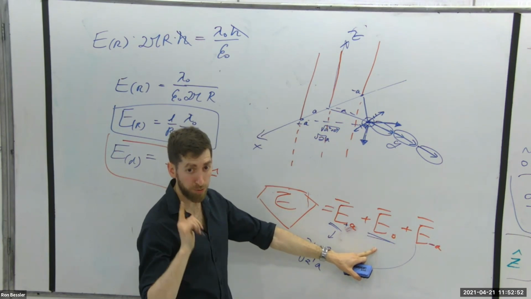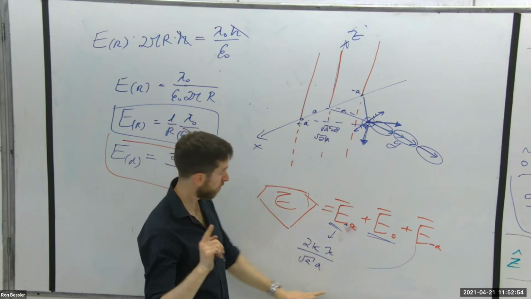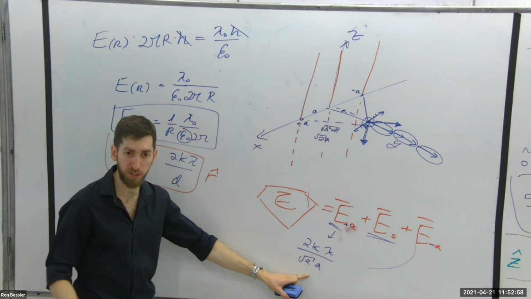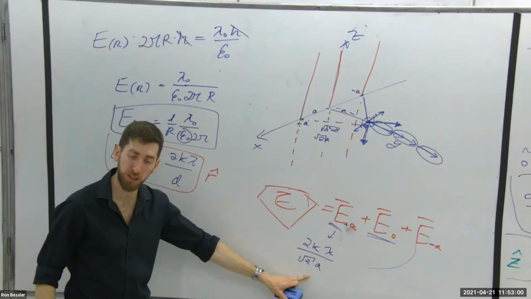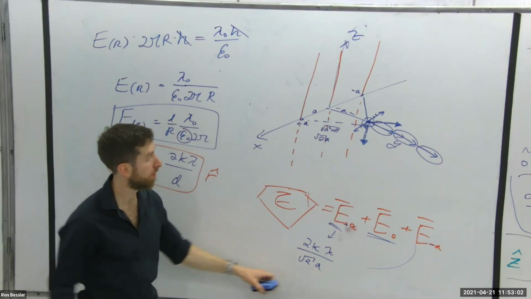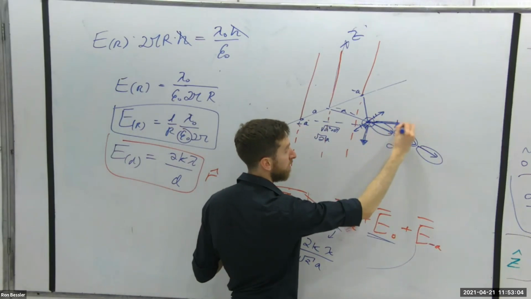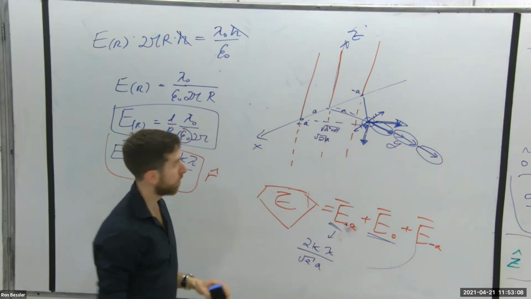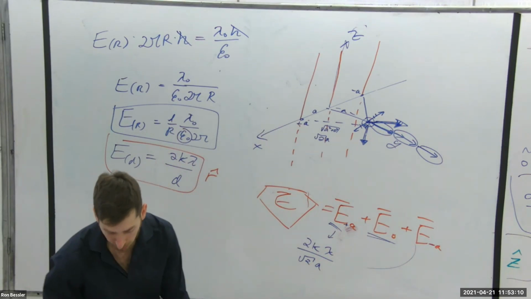Wait, I fooled you. What is this? The almighty power of the electric field. Am I going to use all of that? Only that part, right? So we need to find some correction.